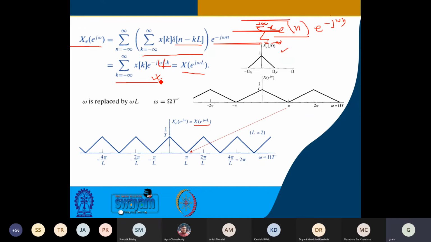So is this fine? And for L equal to 2, 2 pi comes over here.